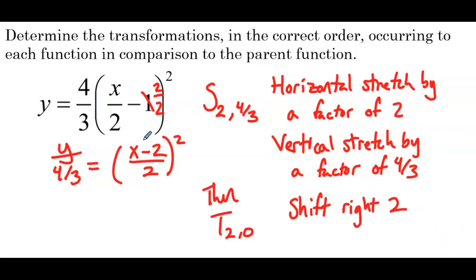Okay, so all this one took is a little bit of simplification, right? X over 2 minus 1, combine the two terms so that we get one fraction, and then, like we said earlier, the denominator is a scale factor, the numerator will give us our translation.